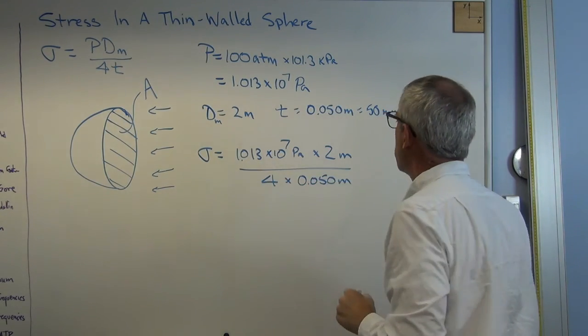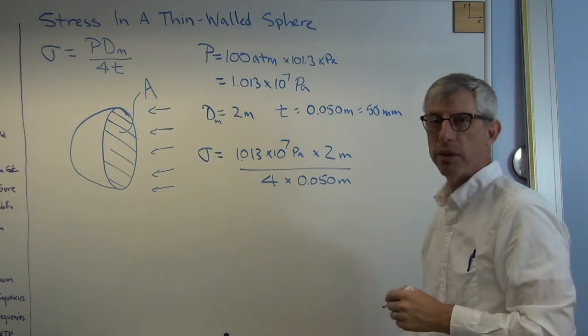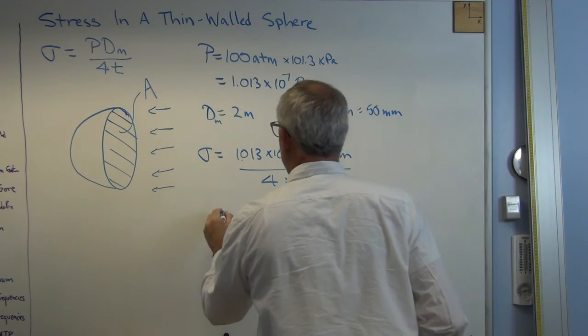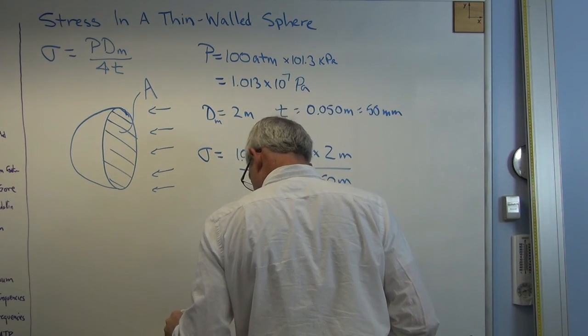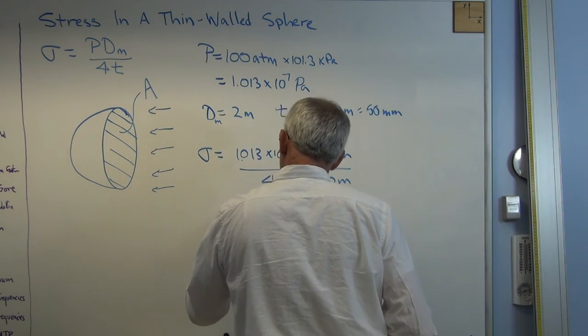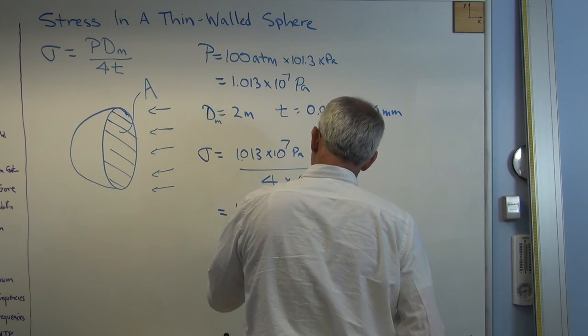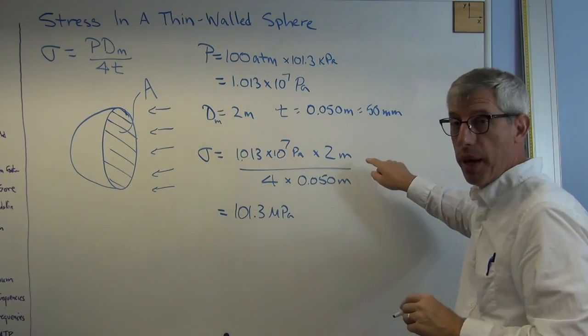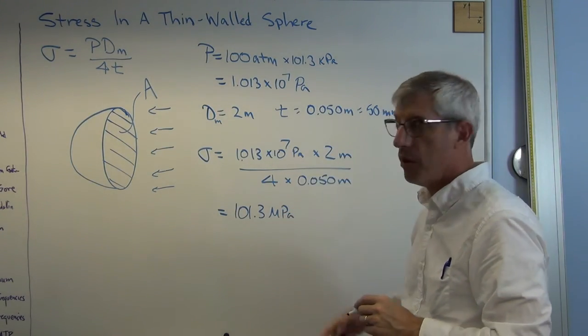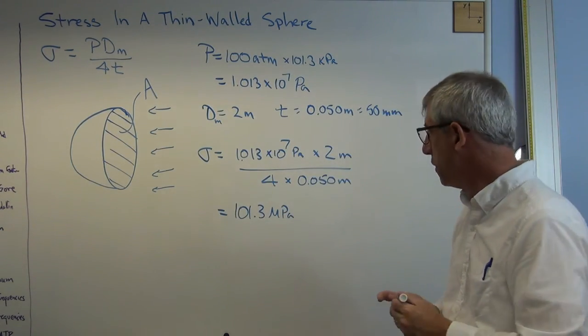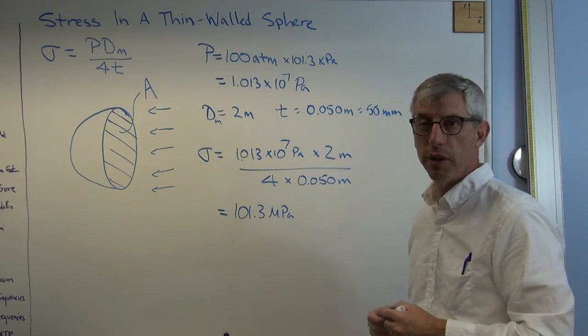Well, now are the units going to work out? Yeah, meters cancel out, you're going to get pascals. There you go. Stress is in pascals, and that works out to 101.3 megapascals. Now, I originally worked this out in base units and only then converted it to megapascals, because this is what's in all the charts and all the textbooks.